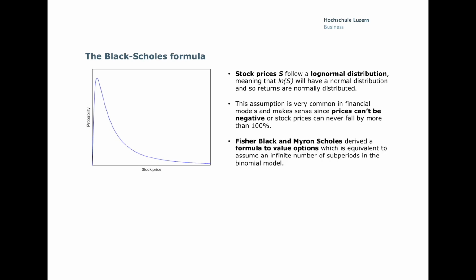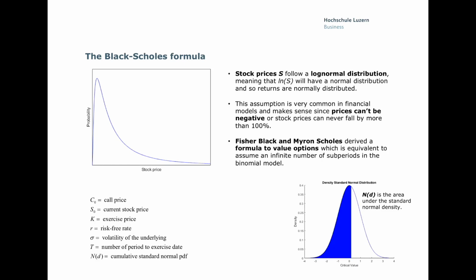In the early 1970s, Fischer Black and Myron Scholes derived a formula to determine the value of stock options. The formula is equivalent to the binomial model if we assume an infinite number of sub-periods. Before we present the formula, let us quickly go through the notation. As before, C denotes the call price, S0 the current stock price, and K the exercise price.